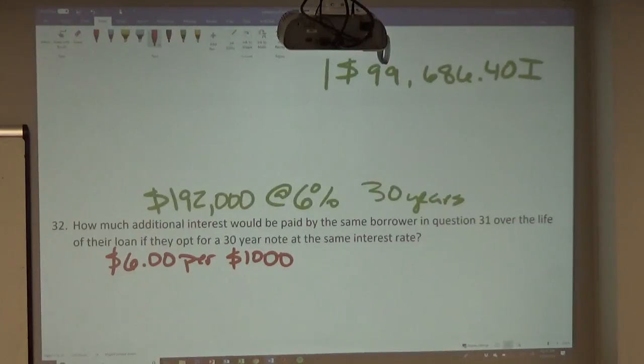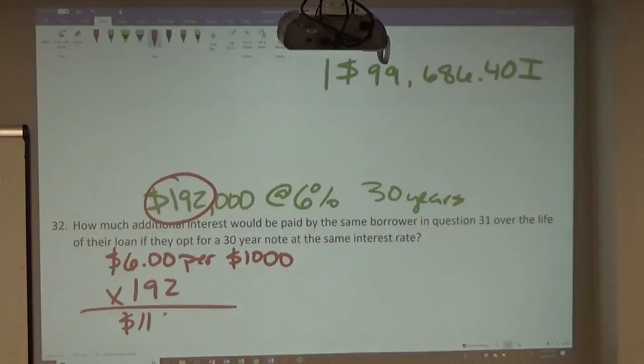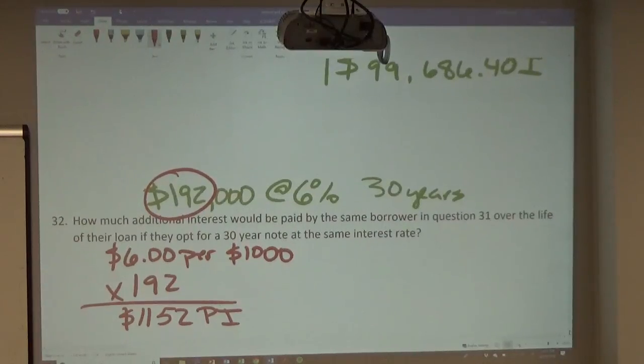So our new loan factor, or amortization factor, is $6 per 1,000 times, again, we borrowed $192,000, so times 192. That means our payment is now $1,152 a month for principal and interest.